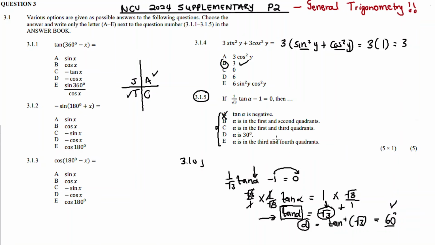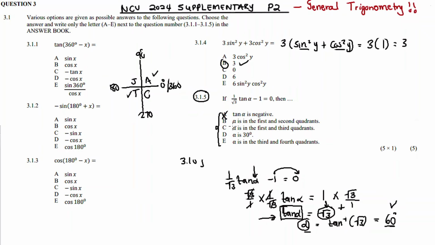That is not true. Yes, alpha is equal to 60 degrees, and 60 degrees is an acute angle. I have a 0, 90, 180, and 270 here, going back to 360. So alpha is 60 degrees, an acute angle, located in the first quadrant. And they are also saying that alpha is in the second quadrant. Well, alpha cannot be in the second quadrant, right?